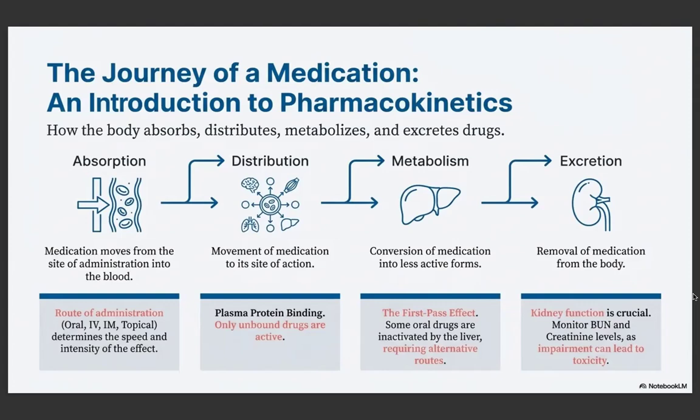All right, for metabolism, I talked a little bit about that first pass effect, but another thing to keep in mind is age, right? So an older individual might have some difficulty absorbing a medication, because people on the older side might have some kidney and liver issues.